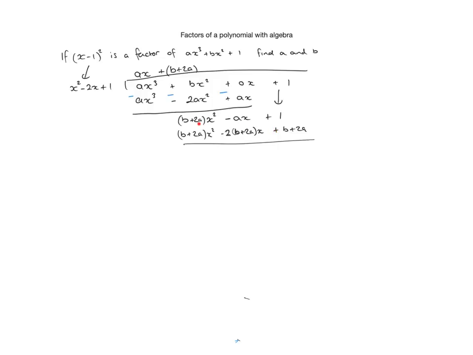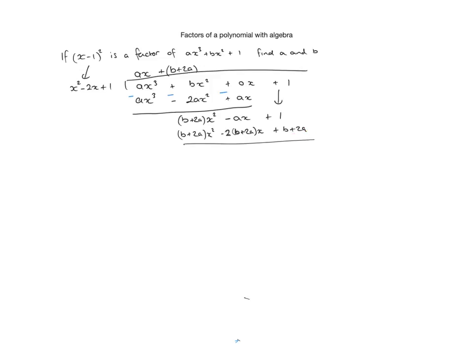We can see b plus 2a is obviously equal to b plus 2a. But now let's look at the next one. It says minus a here, so this minus a must be equal to this minus 2 bracket b plus 2a, because the x's have to be the same. If they're not the same, then we're going to get a remainder. It works exactly the same for my constant: 1 has to be equal to b plus 2a.